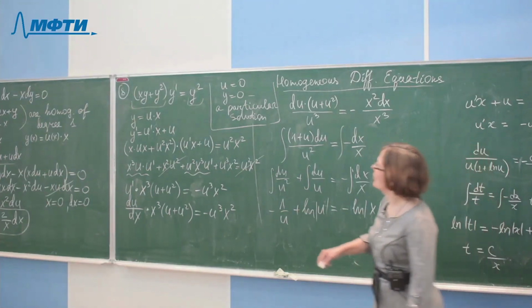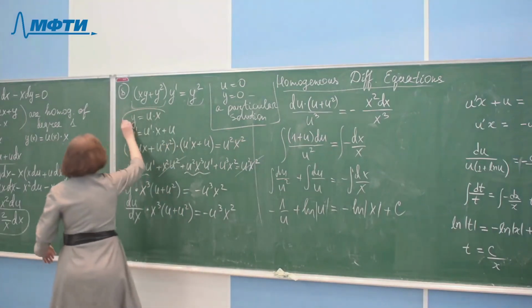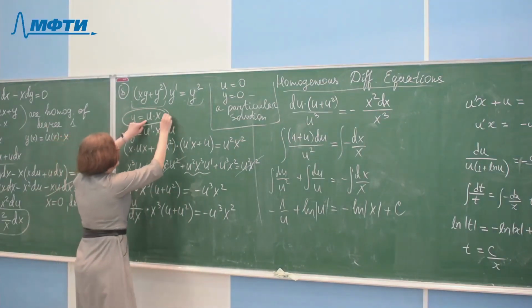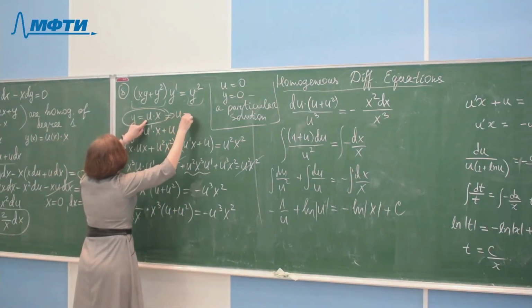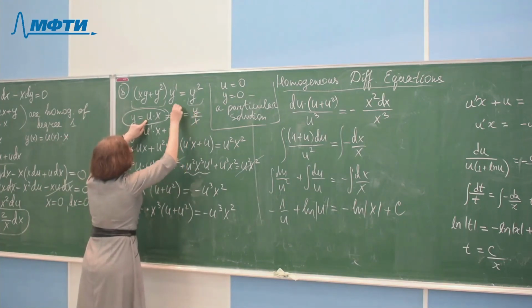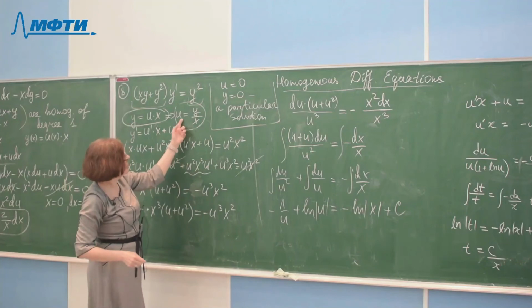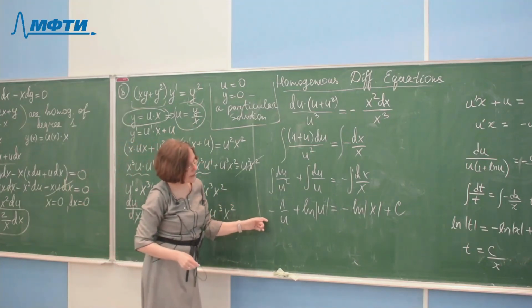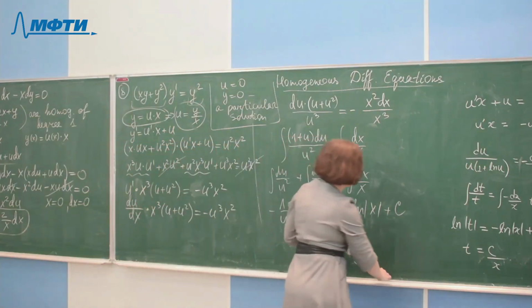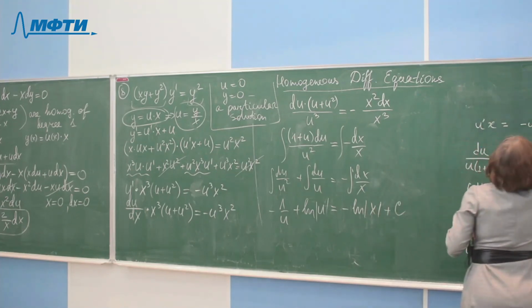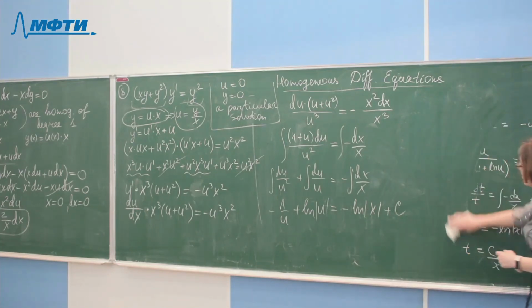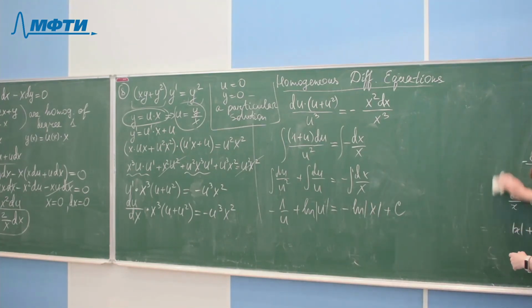Right, so we will substitute this. From the substitution we can see that u is y over x. We will substitute this into our relationship, and we will get the answer in terms of y and x, an implicit solution of our differential equation.